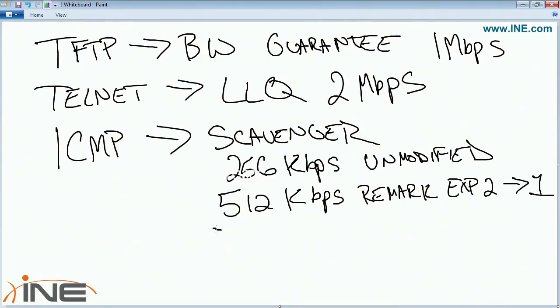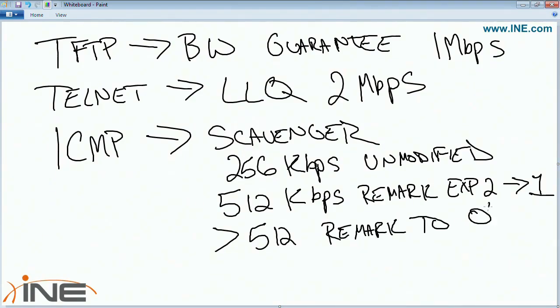Then anything above 512 is going to get remarked to 0, so it goes down to the best effort class. So we're going to be using a 3-rate policer here: the conform, the exceed, and then the violate actions.